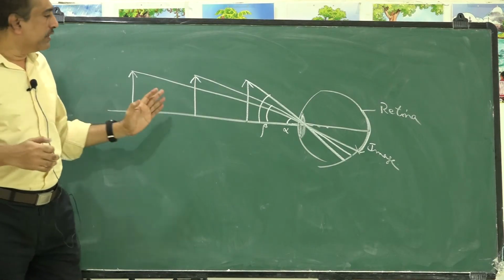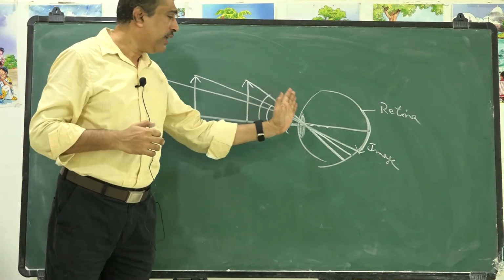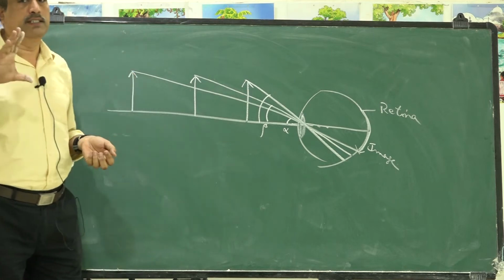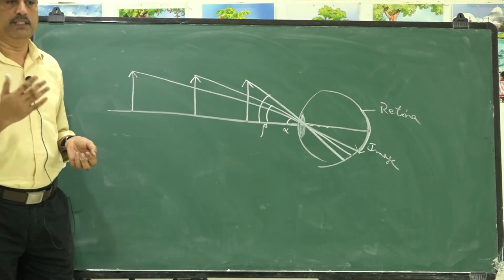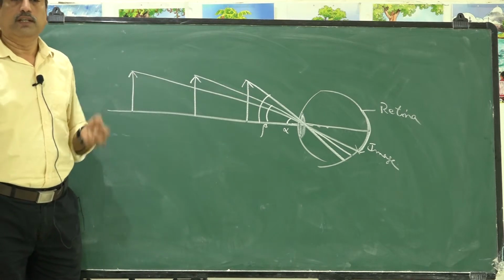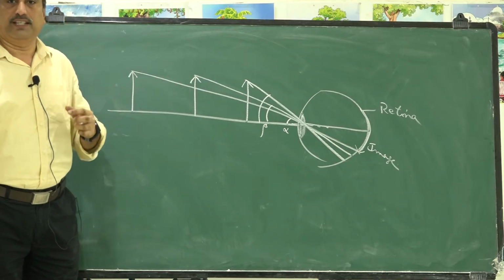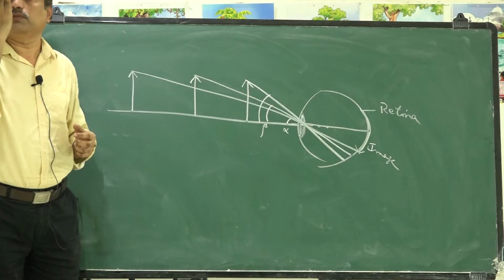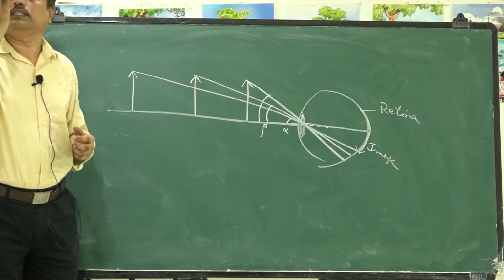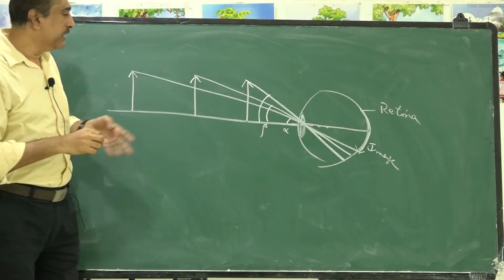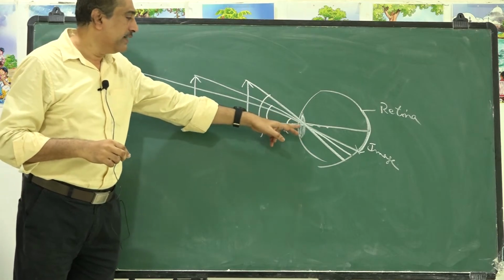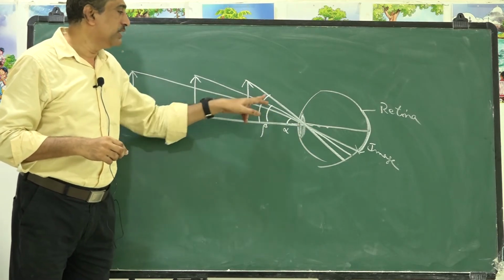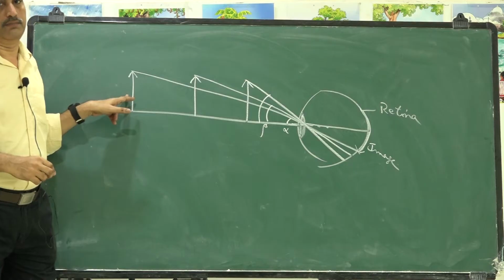But when the object is close to our eye, these muscles are strained, and we have to open up our eye to observe those objects clearly. So the angle subtended by a close object is more than that of a distant object.